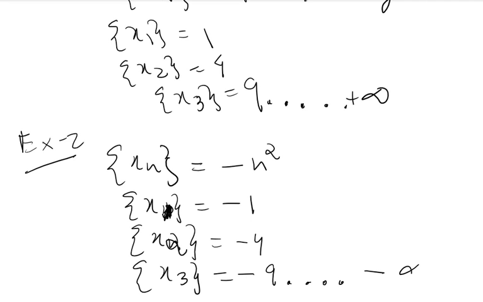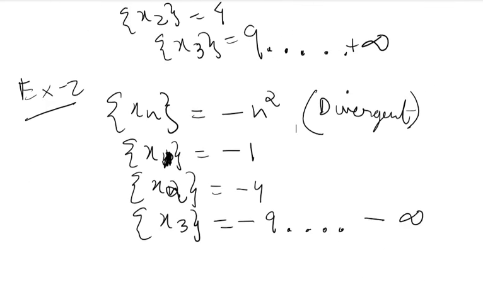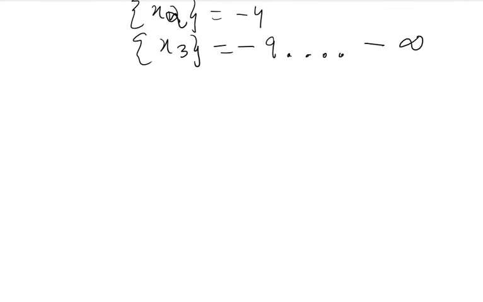So this is tending to negative infinity, hence this is also a divergent sequence. These two examples are showing you divergent sequences.